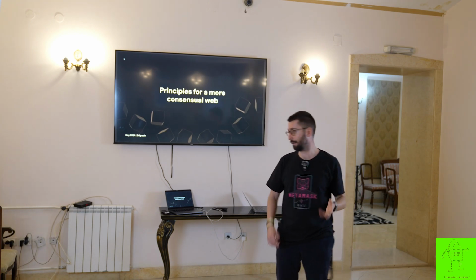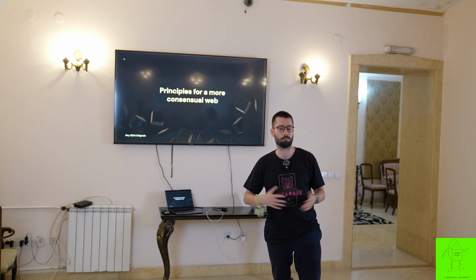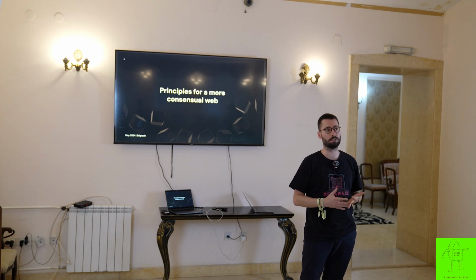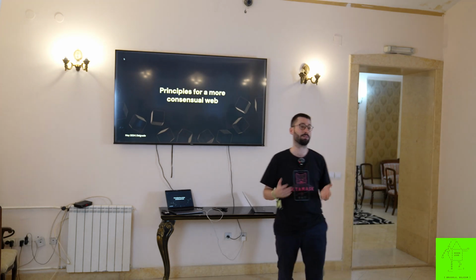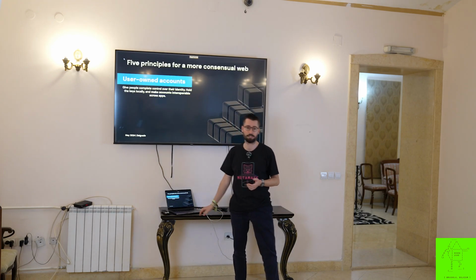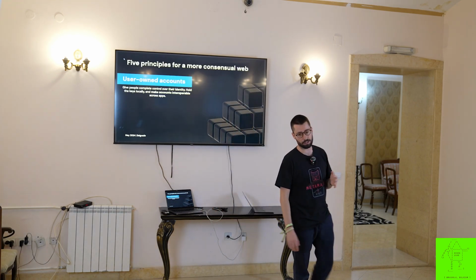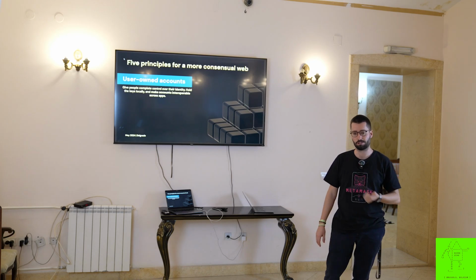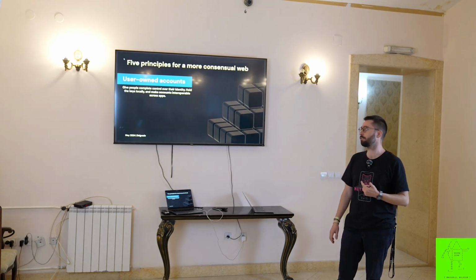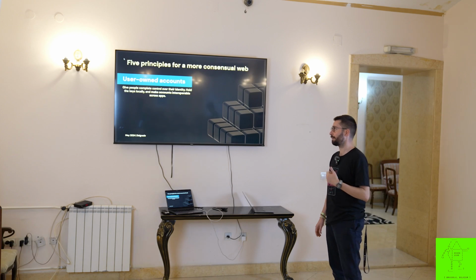I'm starting with slides on why we need a more consensual web, why we need to build a better Web3, and what the principles are. I dig down into the three main principles. Actually, there are 5, but everything that we're building around the consensual web, around permissionless innovation, had to satisfy those needs. The big one is user-owned accounts.